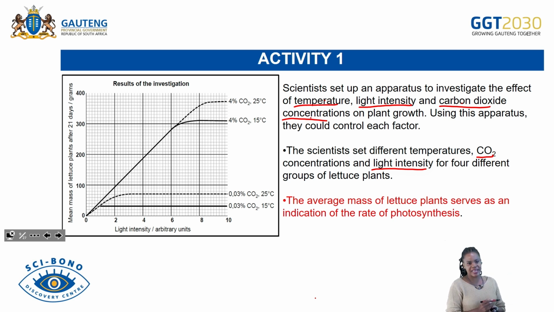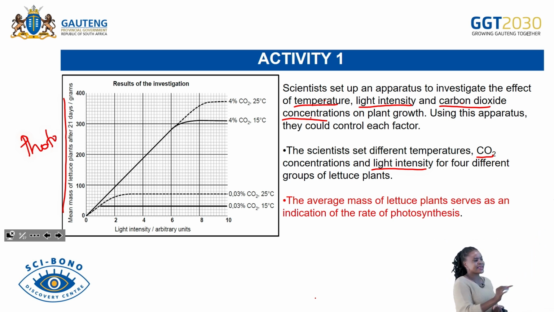Of lettuce plants. Now, the average mass of lettuce plants serves as an indication of the rate of photosynthesis. In other words, this average mass serves as what? As indication for the rate of what? Of photosynthesis.